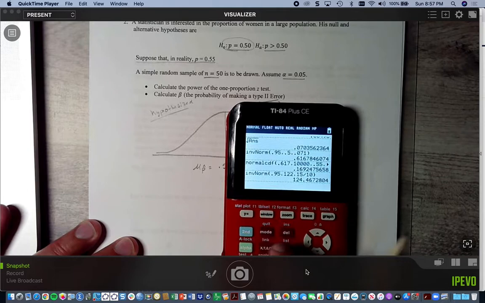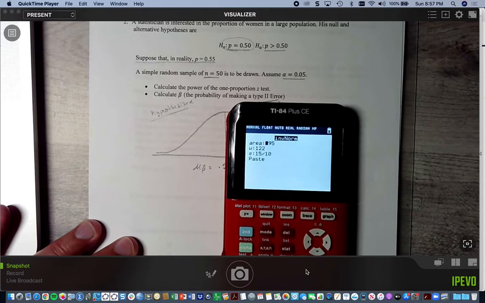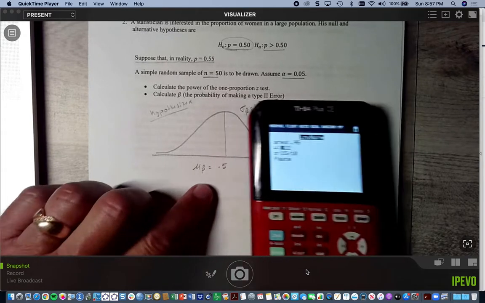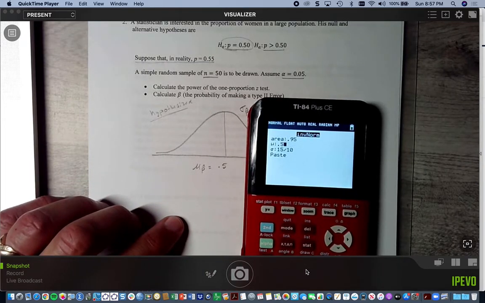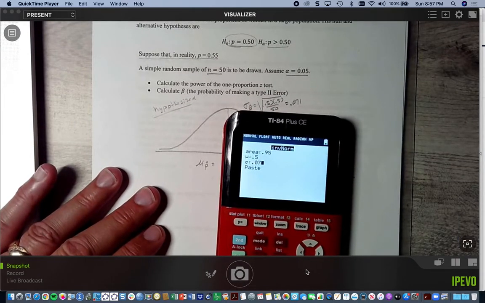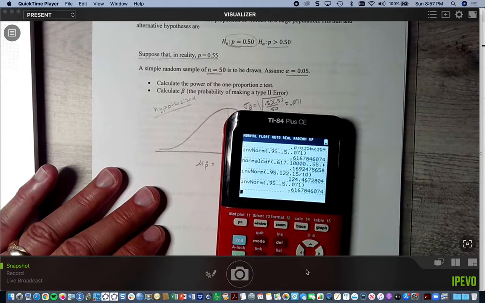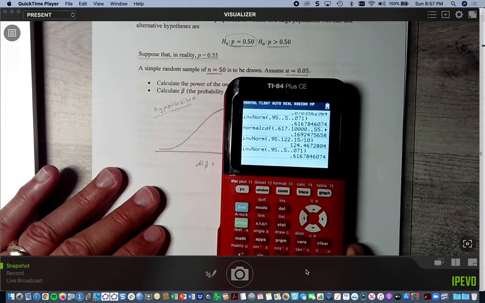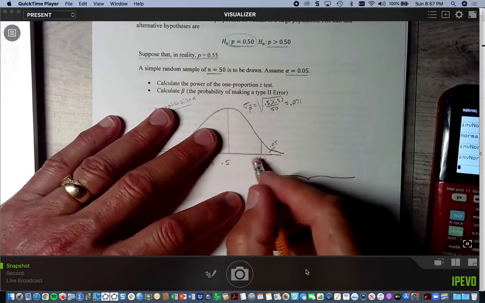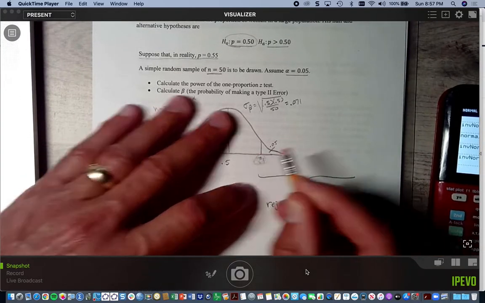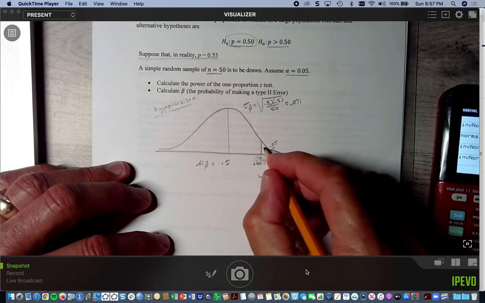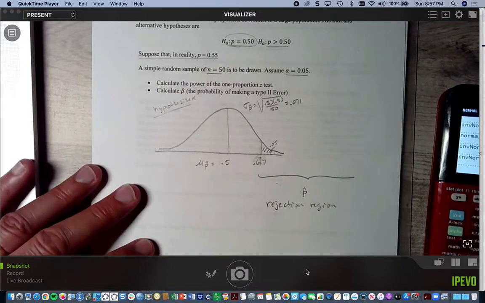Okay, so to find that threshold, we would do inverse normal. I want to find the 95th percentile. The mean is 0.5, and the standard deviation is 0.071. So if we get a sample proportion that is 61.7% or more, then our decision is going to be reject the null.